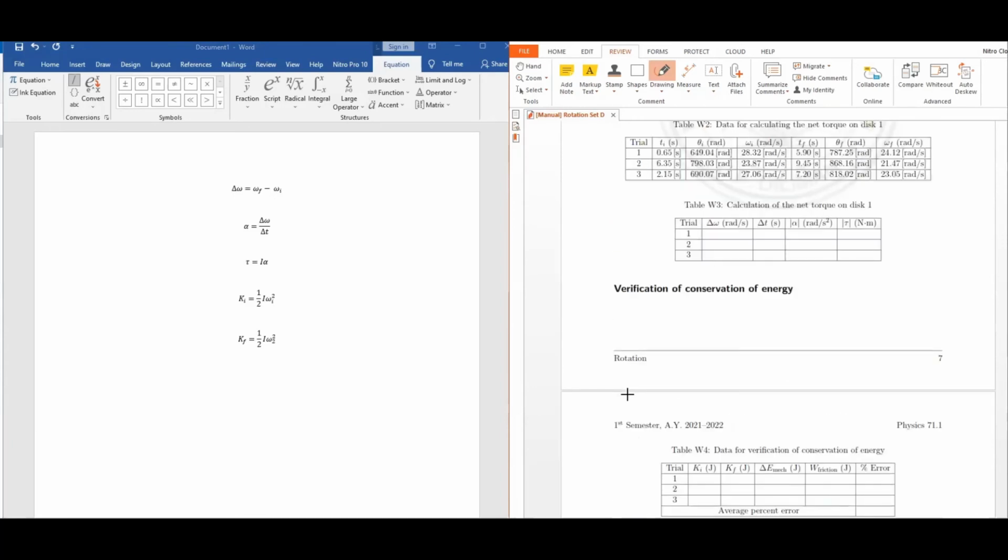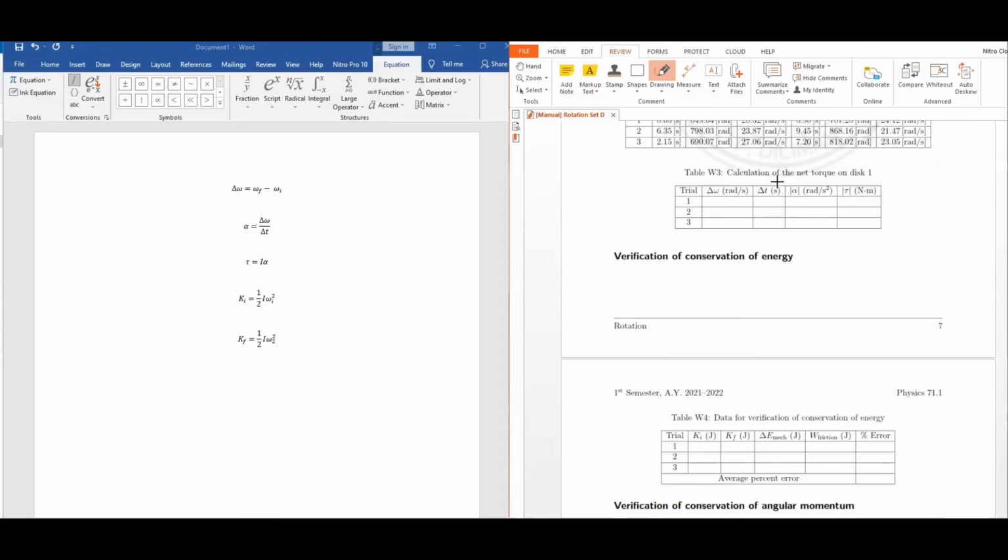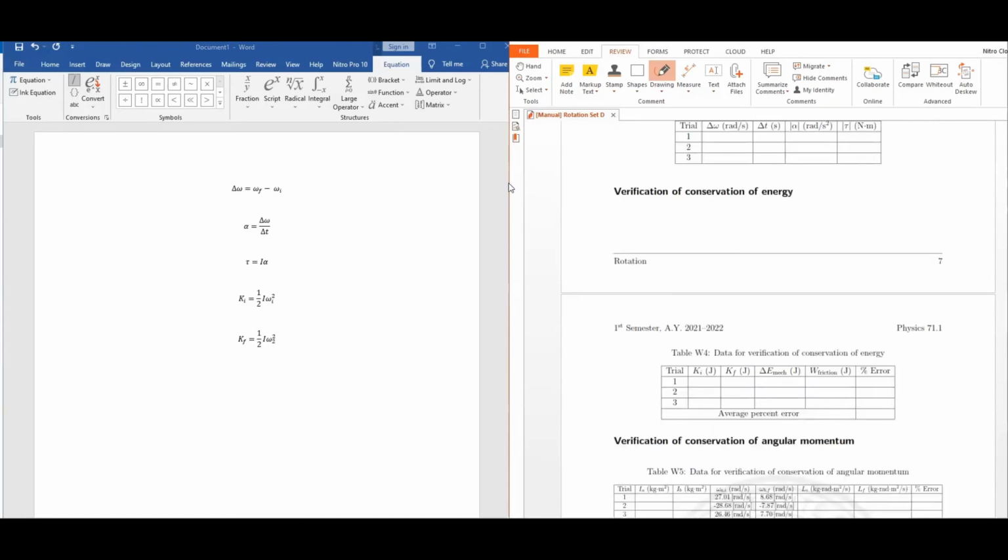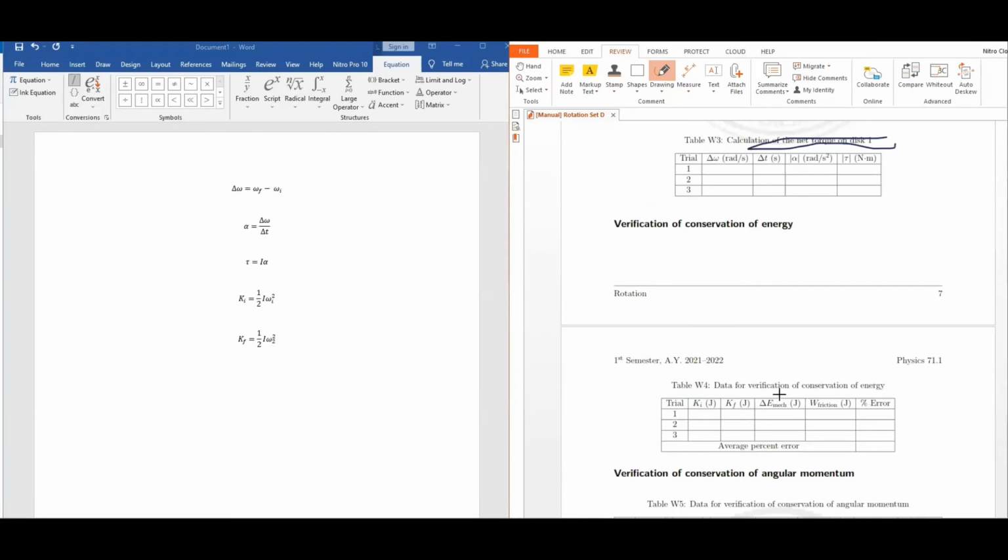So, note nyo na lang na the labels tells us that this is for disk 1. So, yung table 4 data naman ay, ang table 4 ay also for disk 1 only.